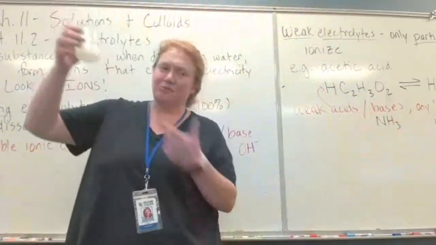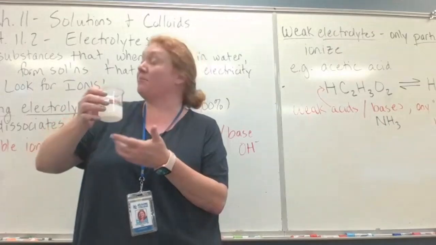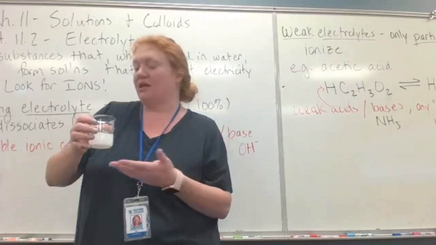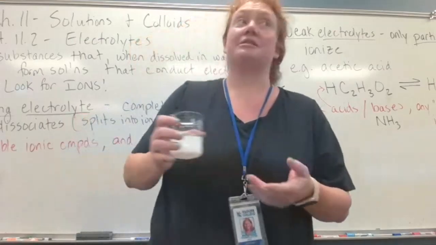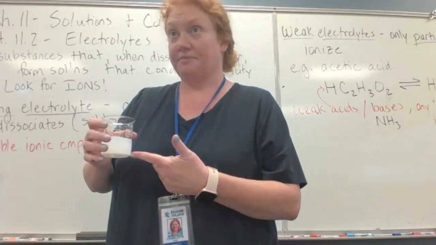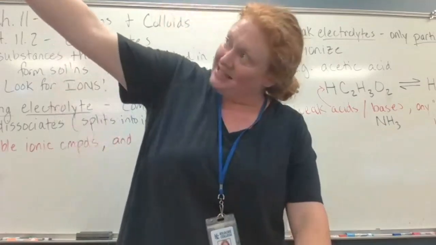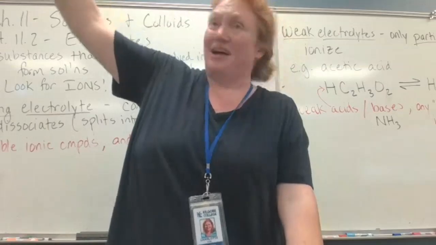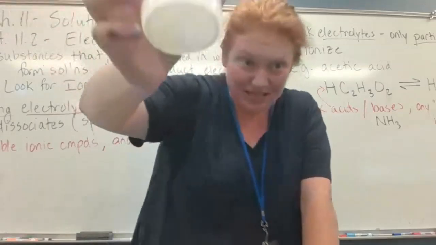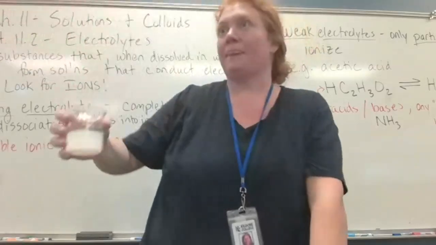But so this was magnesium hydroxide, Mg(OH)2. And solubility rules tell us that this compound does not dissolve in water. And you can see that it is not easily dissolving, right? It's very cloudy. There's actually a lot of solid there on the bottom.